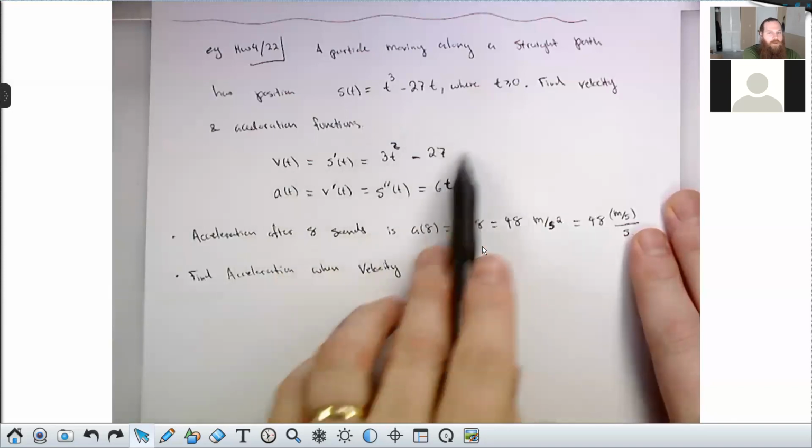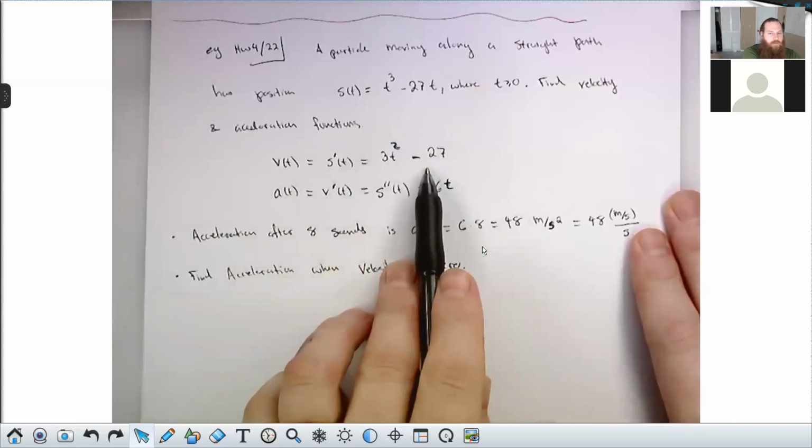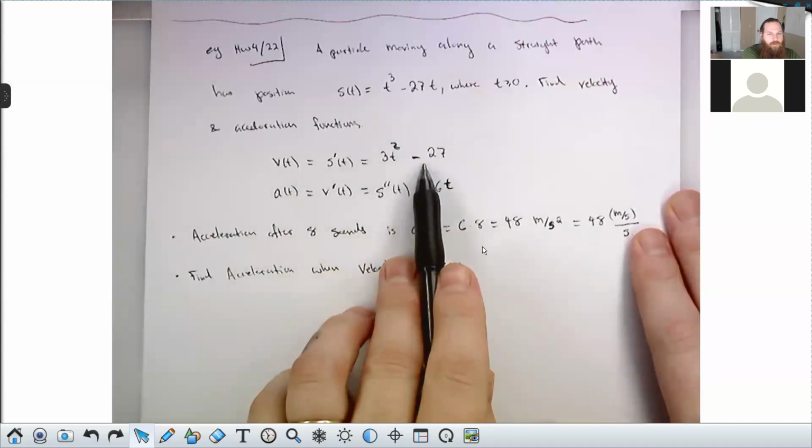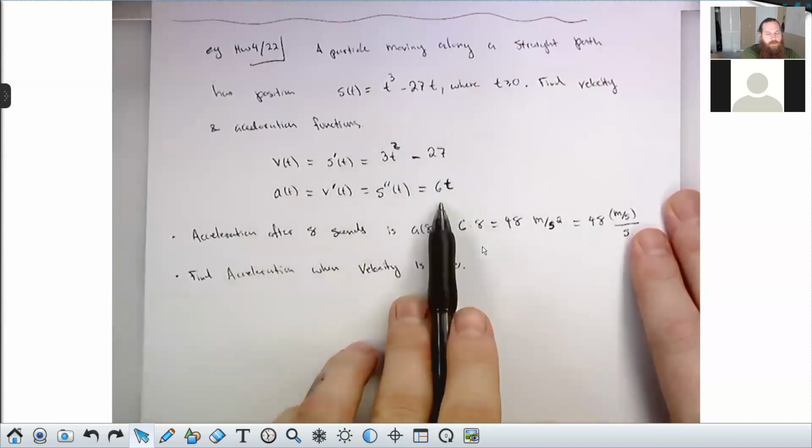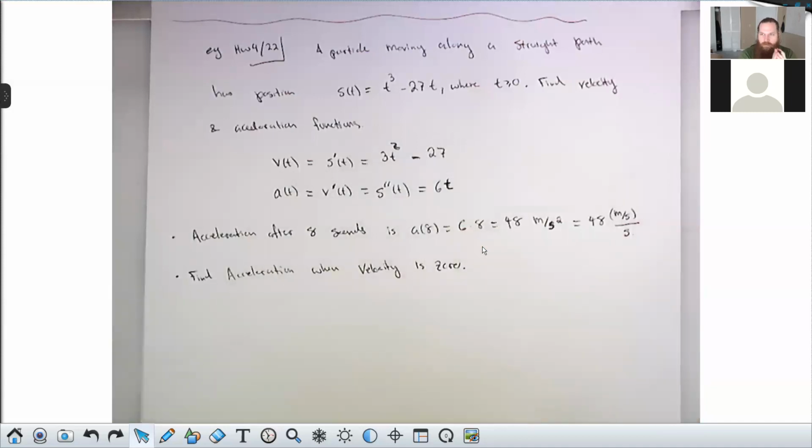There are some t values for which this function is equal to 0. Those t values we would then want to plug in to the acceleration. Does that make sense? So your velocity being 0 means your position is not changing, at least at that moment. Usually this means you're changing direction, you're turning around. They want us to find what's the acceleration, how is your speed changing at that moment when you've stopped to turn around. So did you stop real hard and then turn around, or did you stop softly and turn around, that sort of thing.